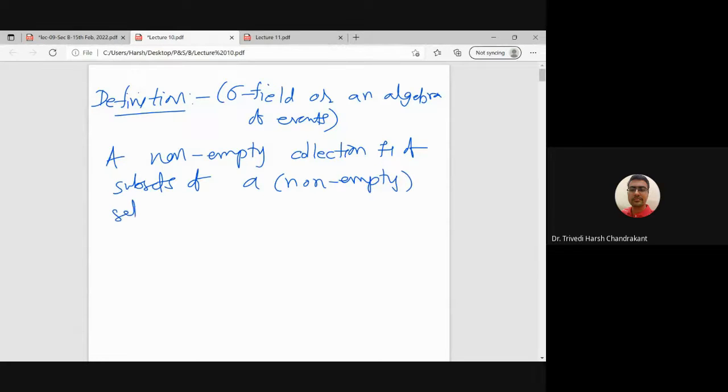Omega is the sample space, and we are taking some of the subsets of omega, not all the subsets. If we take the power set of omega, then it contains all the subsets. But here we are saying that F is a non-empty collection of subsets of omega. That means we are taking some of the subsets. Then F is called a sigma field, or an algebra of events.